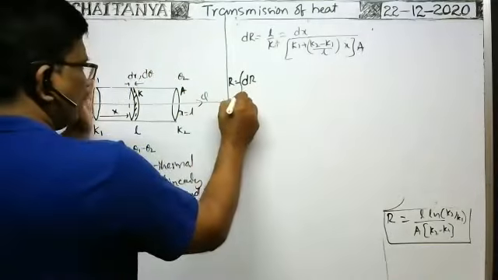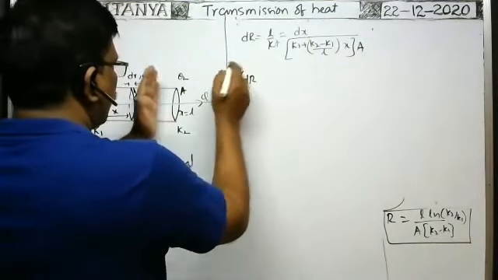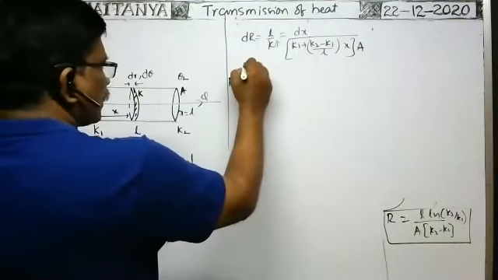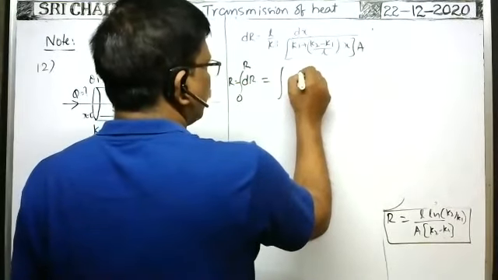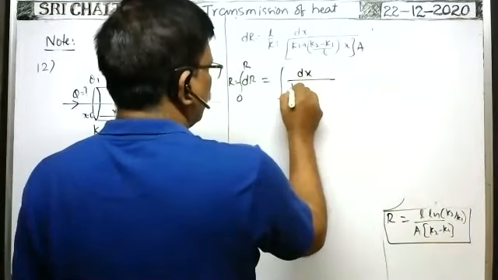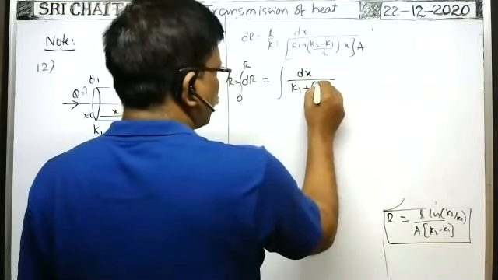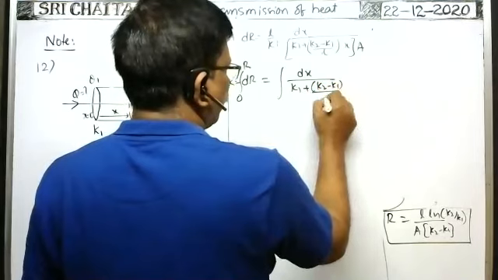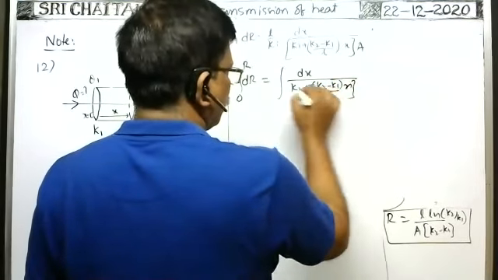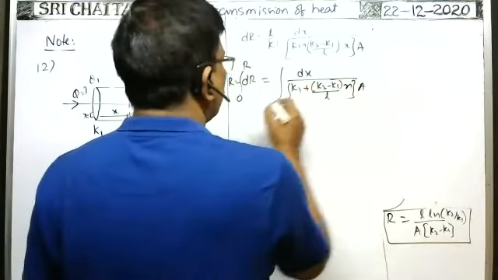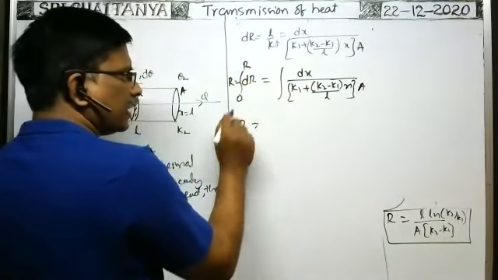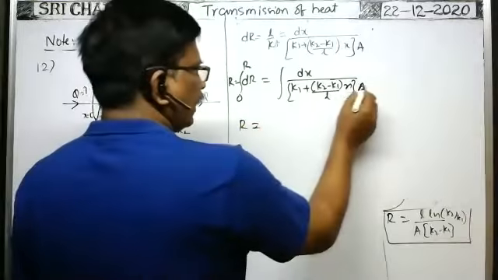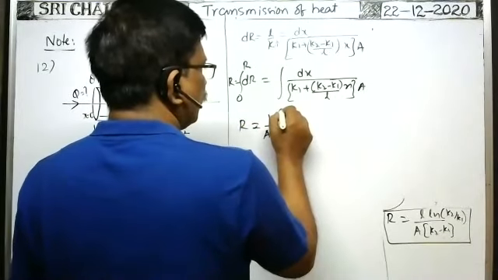At this first end, thermal resistance is 0. Between these two, thermal resistance is capital R. So that is equal to integral dx by K1 plus K2 minus K1 by L into x into A. Therefore R is equal to integral dR. When you substitute the limits, R minus 0, R only you will get. 1 by A outside.